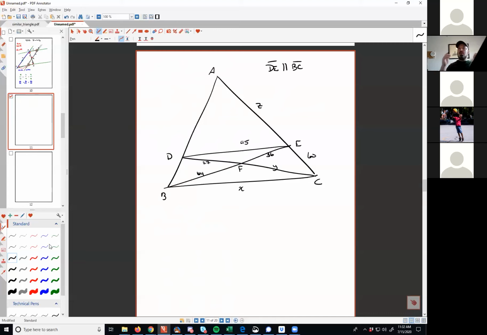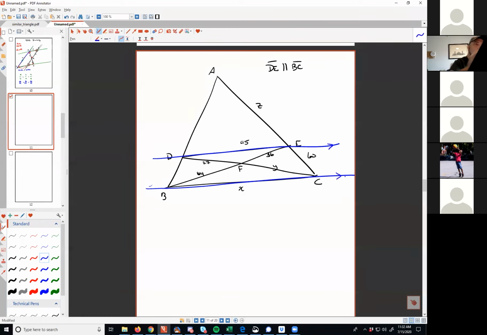So what is our focus in this diagram? What is the piece of information that does the most for us? The parallel lines. Okay. What is a pair of useful similar triangles that we see? Triangle DEF and BFC.